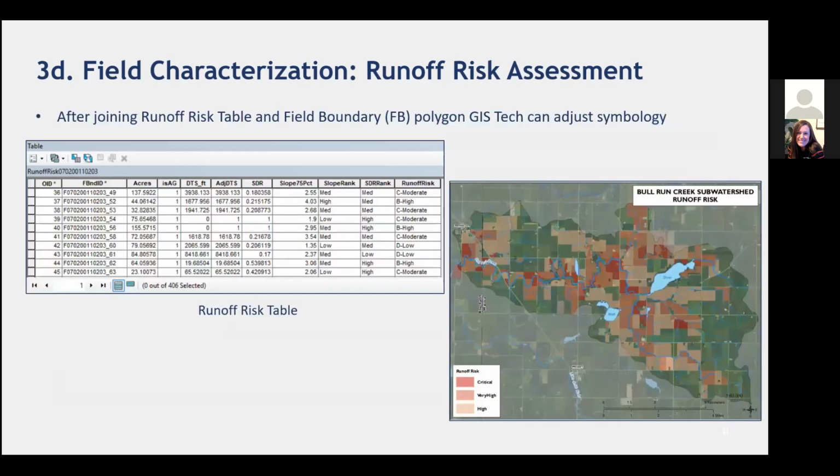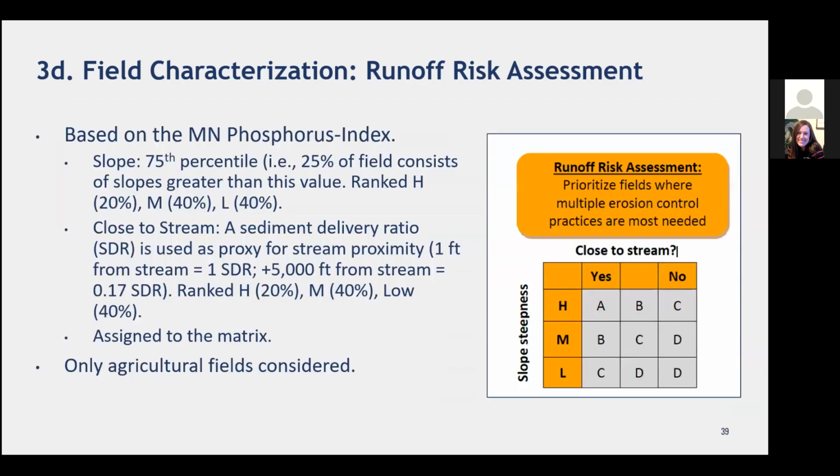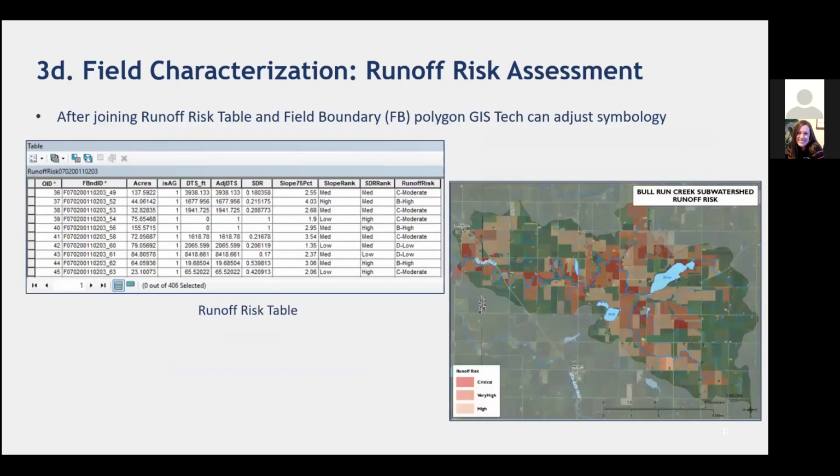As I stated, the runoff risk is given a value A to D, A being a very high runoff risk. If we look back at the little chart, that's going to be areas that are close to a stream and that are very steep, which would make sense.